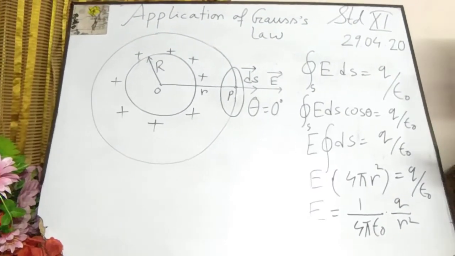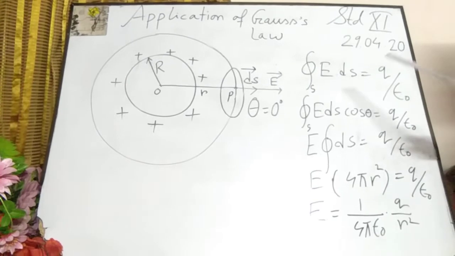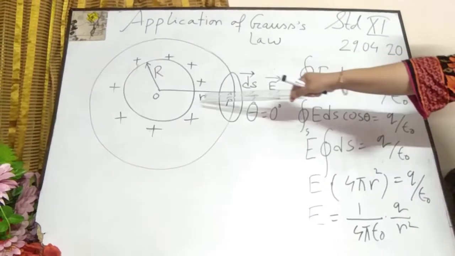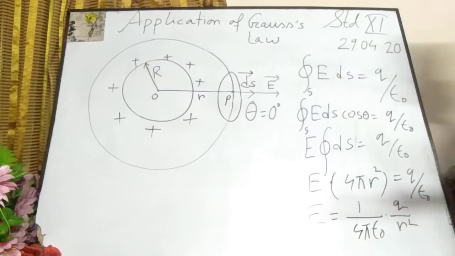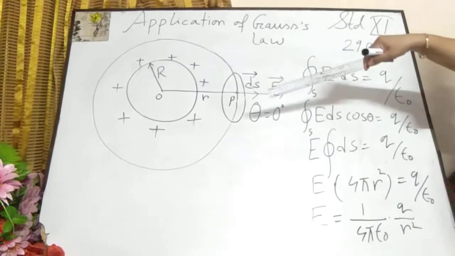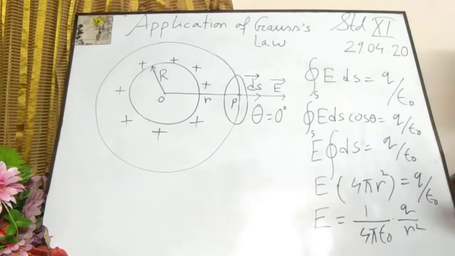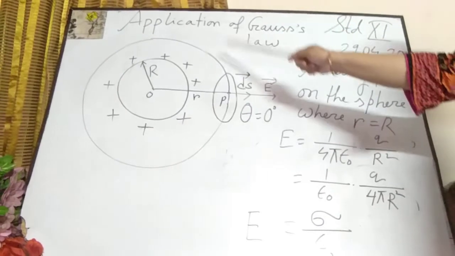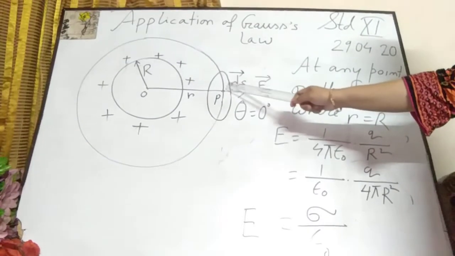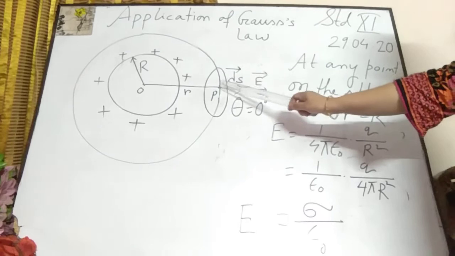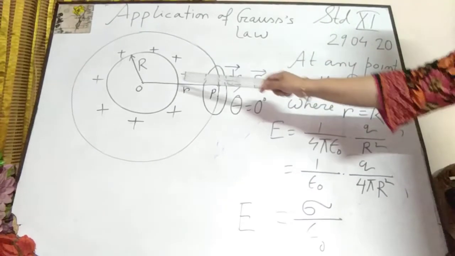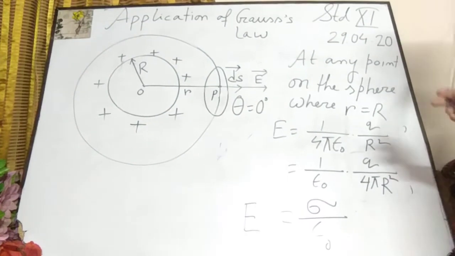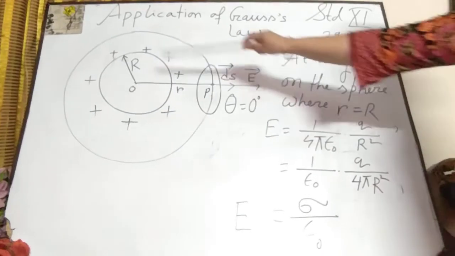Now I will show you another application, if I consider a point on this hollow sphere, that means at any point on the hollow sphere. In the previous example, I calculated the electric field intensity at point P, which is outside the sphere at a distance r from the center. But now I will find out the electric field intensity at any point on the sphere.